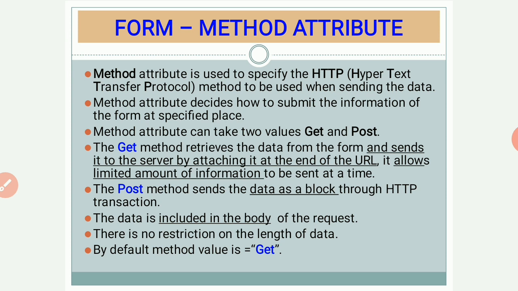Text box is used to accept text, password is used to accept the password, radio buttons are used to accept one option, checkbox to check the option, submit button to submit the information and reset button to make the form blank or reset the value to the default one, and drop down menu allows you to select any option from the drop down menu.